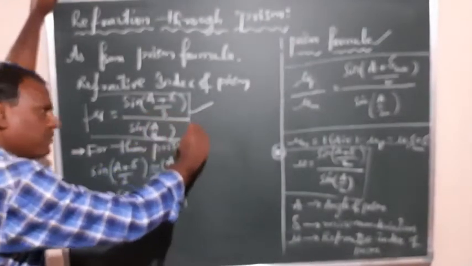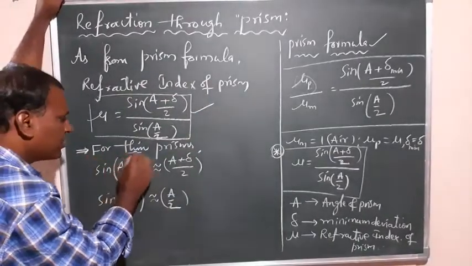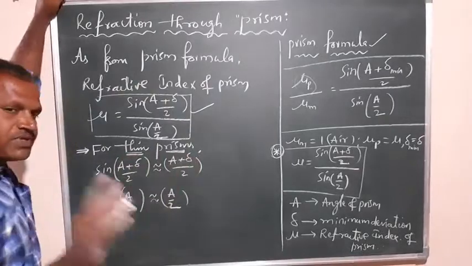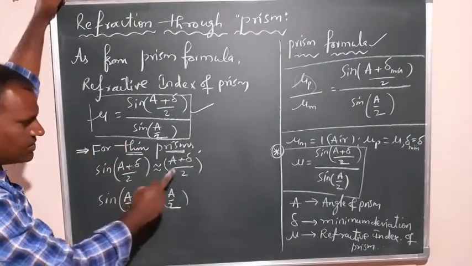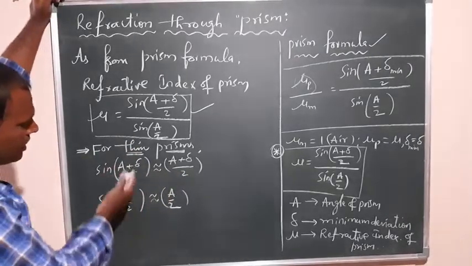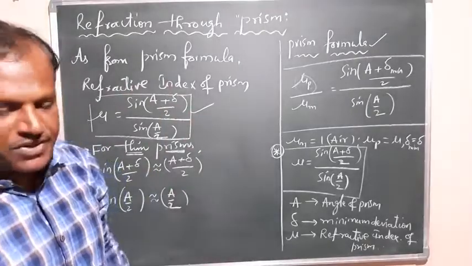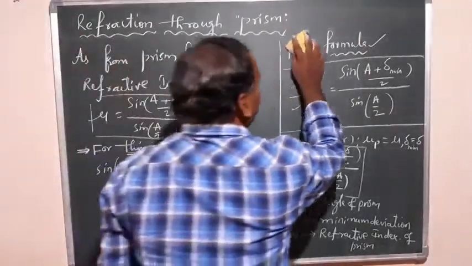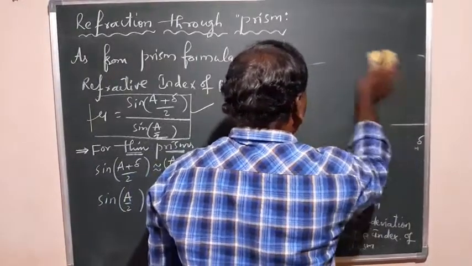So this prism formula can be modified into another form for prisms which are very, very thin. Here you can see how the formula is modified where the prism is very thin.